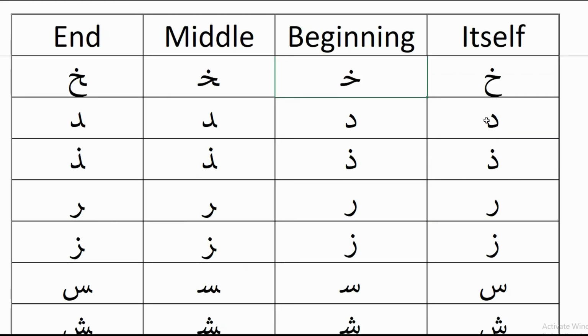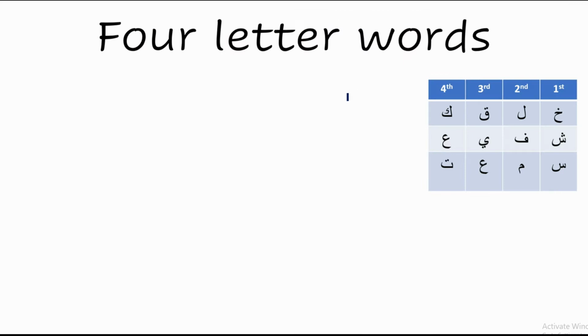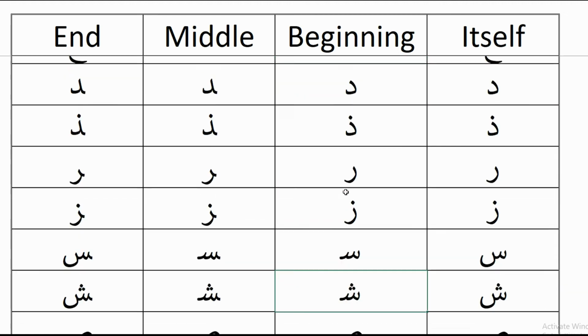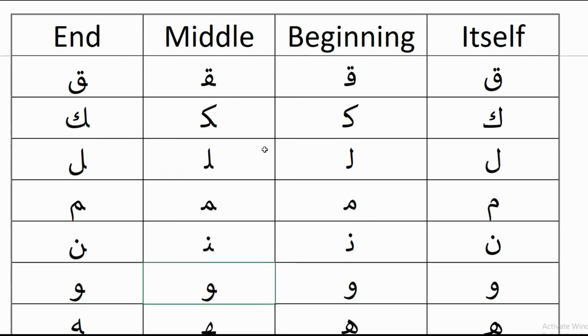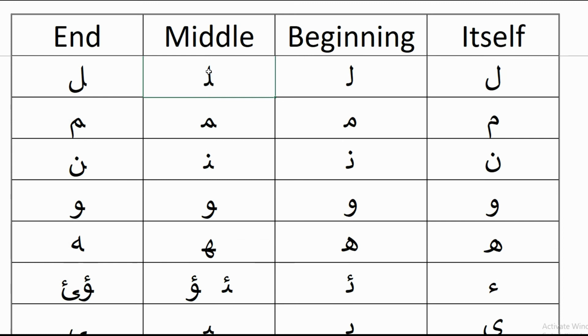Kha in the beginning. This is how kha looks in the beginning. Let's copy this shape. Let me mark this so we know which word we are doing. We are doing this word. This is how kha looks in the beginning. The second letter is lam, and as we said, we have to copy it from the middle column. This is lam in the middle. Let's copy this.